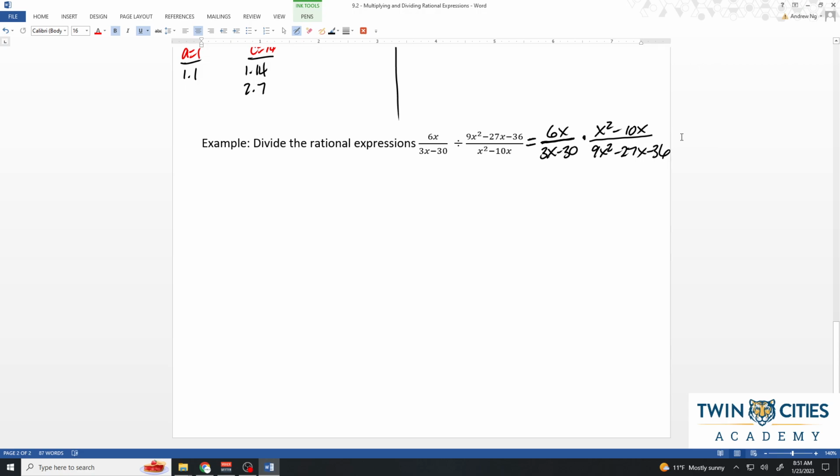And now it's just like all the other problems that we've done today. So we'll take a look at the top parts first. 6x, well, let's just separate the 6 and the x. And x squared minus 10x, I see they have an x in common. Let's bring that to the front, and got x minus 10 left over.